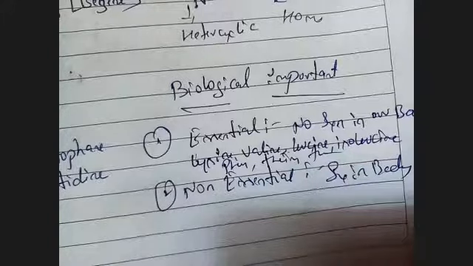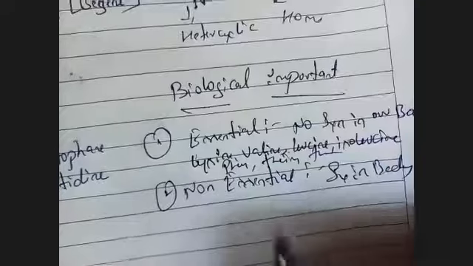Lysine, valine, leucine, isoleucine, phenylalanine, tyrosine, tryptophan. Sorry, it is not tyrosine, it is threonine. Threonine, tryptophan, methionine, arginine, histidine. These are all the essential amino acids.